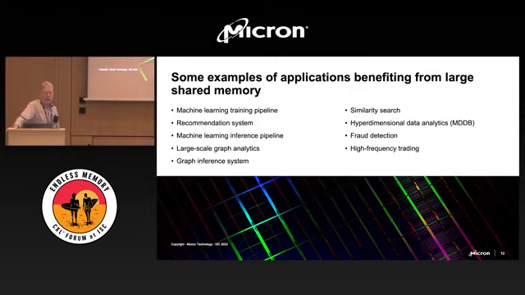Oh, okay, so some examples of applications benefiting from large shared memory. So I've listed 9 here. And like MemVerge and others, we are looking at applications and trying to understand how they would fit on these systems. Now, Micron, of course, looks at these memory modules, and in order to really make a business case, you have to see volume.